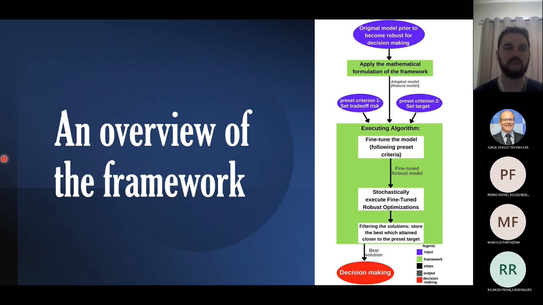So here we have a graphical abstract of the framework. Basically, you take your original model, then you apply the mathematical formulation of the framework to transform it into a new one, and then you are going to adapt your model based on that. Your algorithm will have 3 inputs. The first input is a criterion.